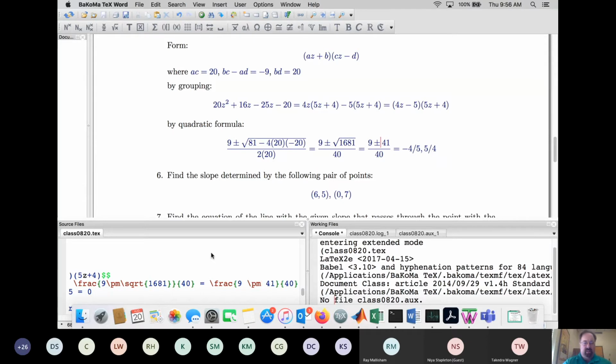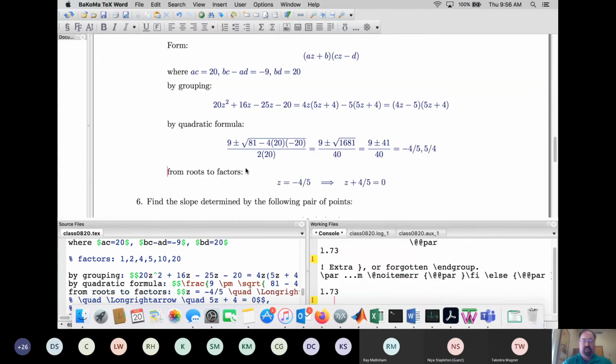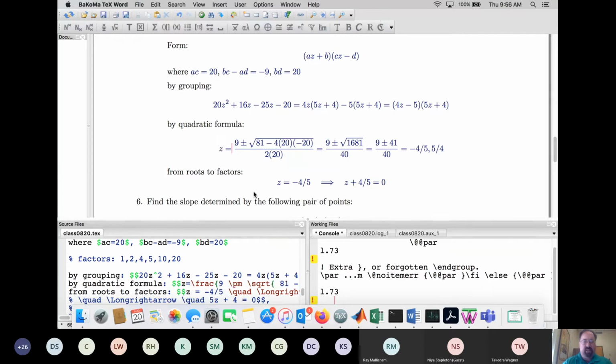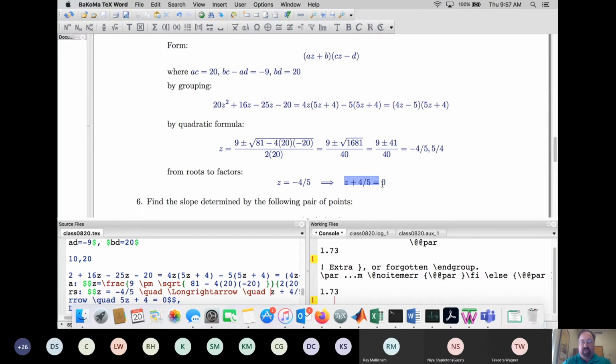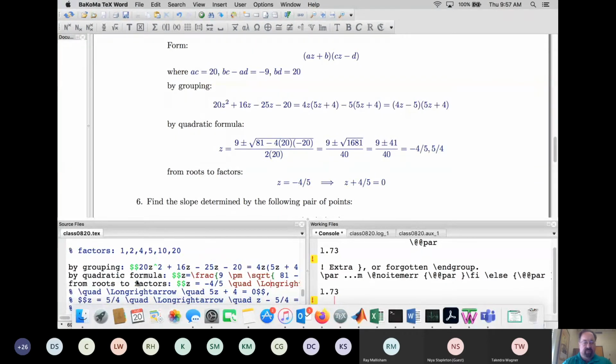But now you want to go from those roots to factors. So if z is equal to the first root, minus 4/5, I have this equation down here, and I can rearrange it to get a factor: z plus 4/5 is equal to 0.